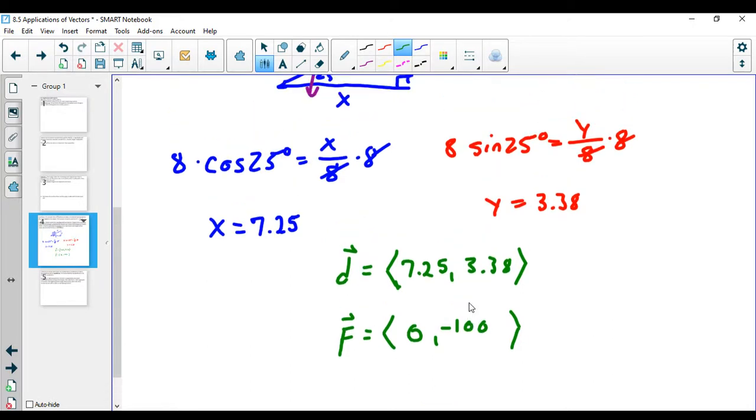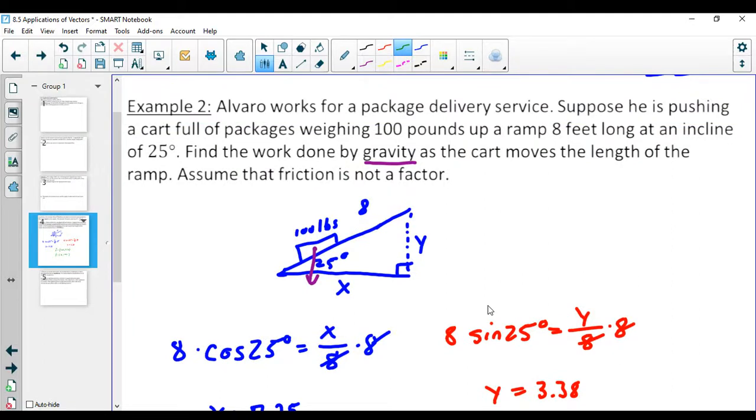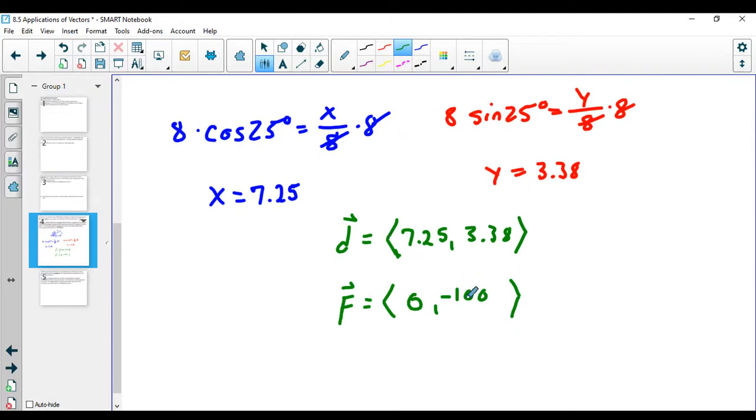And again, the way to distinguish those things is the constant force you have acting upon it is gravity, the weight down. That's constant while you move it up that 8 feet of ramp. A lot of the time the weight is just going to be your constant force. You could have maybe a constant force pushing it in an X direction, or maybe in an X and Y direction. Just make sure it's a constant force, right?